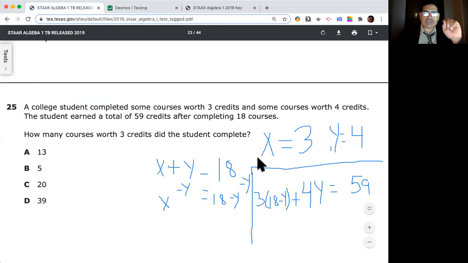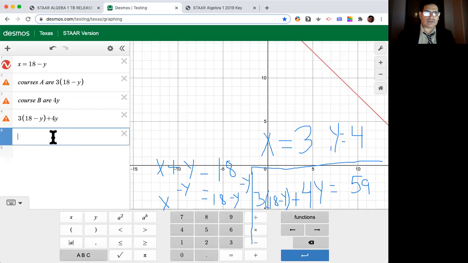3 times 18, that's a big math right there, is 54. 3 times 18 is 54, right? Let me make sure. 20, 40, 60, take away 2 from each is 54, but I just want to make sure because I don't want to do this in my head.